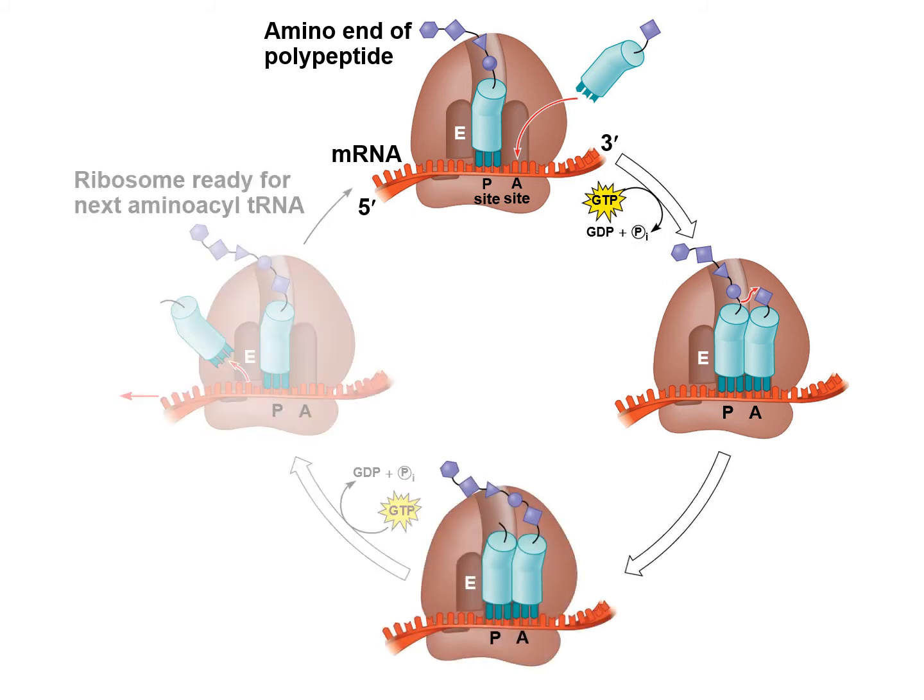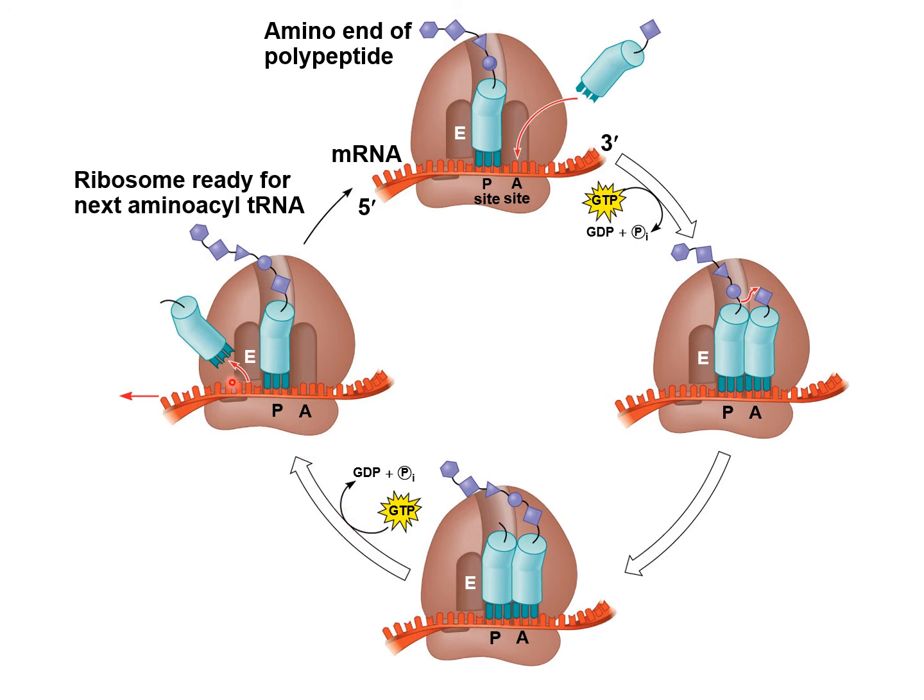Hydrolyze a little more GTP. That shifts the whole process over. So what was in the P site is now in the E site and is ejected. That tRNA that was in the A site is now in the P site. So we hydrolyze in order to shift that peptide onto that amino acid, and we hydrolyze in order to shift the ribosome relative to the mRNA over one codon.